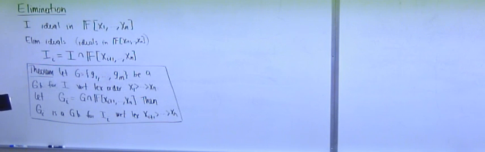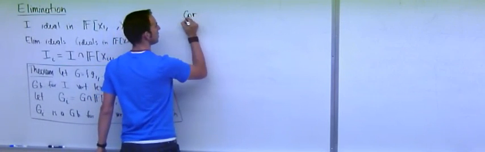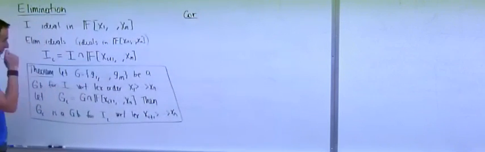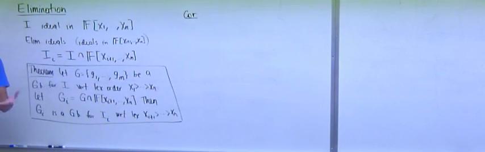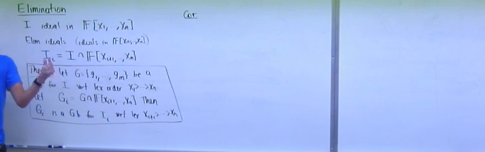Okay? Maybe before I prove this, I should give you an easy but useful corollary. Because I told you that elimination works sometimes and it doesn't work sometimes. Remember, the way we used elimination was to use the last elimination ideal to see if we could find an equation involving only one variable and solve that equation.